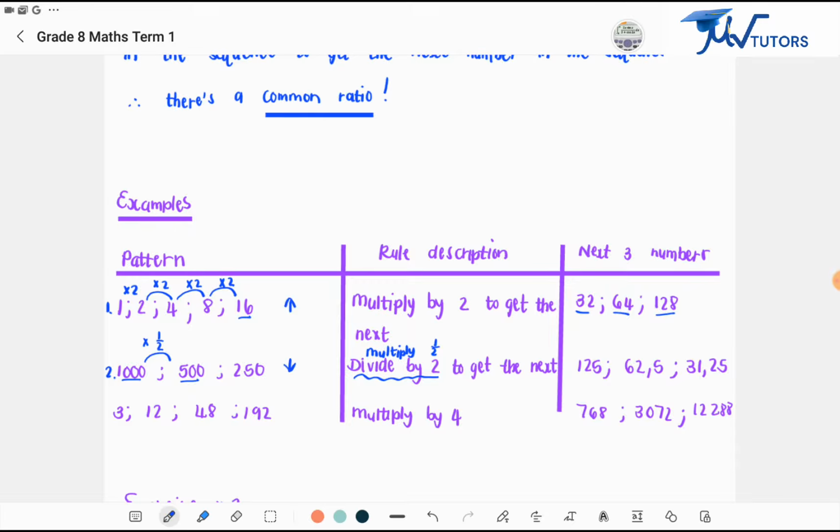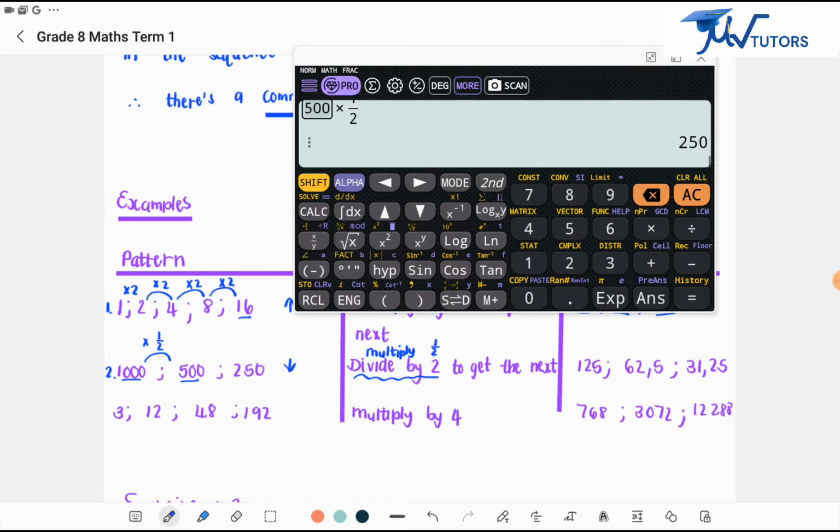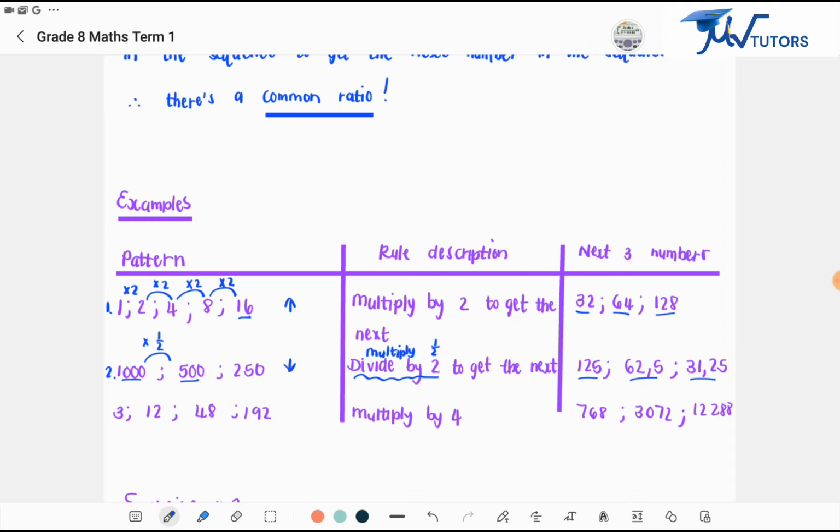Okay, so if we continue in that trend of multiplying by a half, you'll see 250 multiplied by a half is 125, which we see there. 125 multiplied by a half is 62.5, and then multiply by a half, we get 31.25. Fair enough.